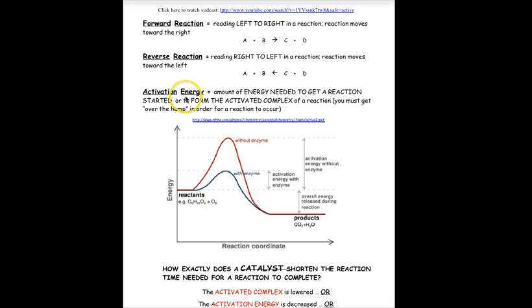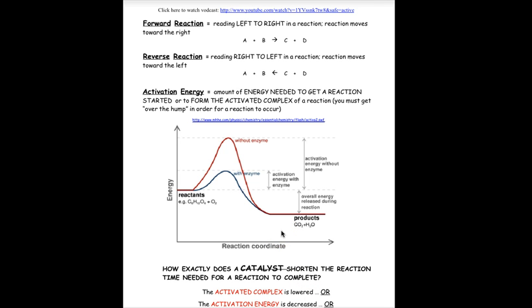Next is activation energy. This is an important definition. Activation energy is the amount of energy that's needed for a reaction to start. Some reactions require a lot of activation energy, some don't require much at all. But you'll see, when we go through the potential energy diagrams, how this is involved with a catalyst.